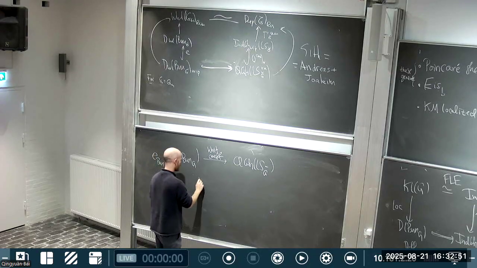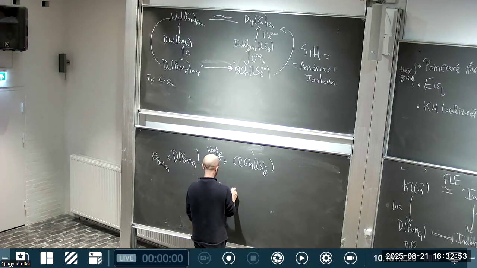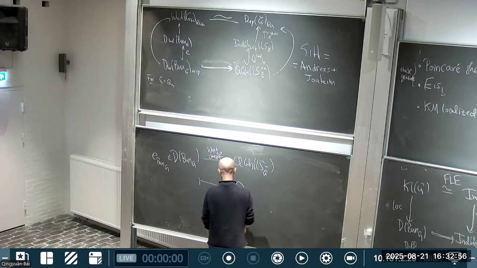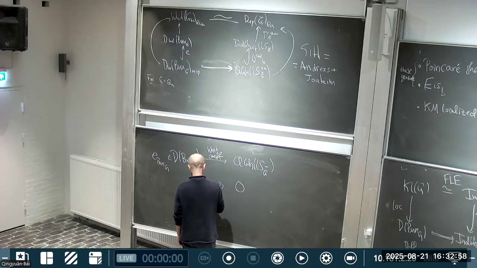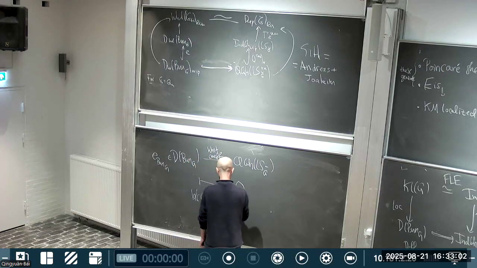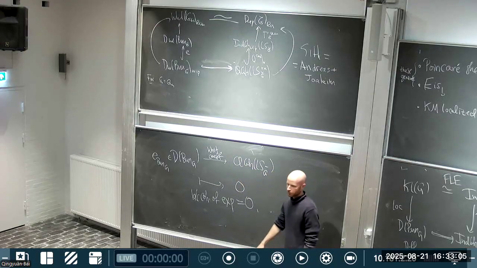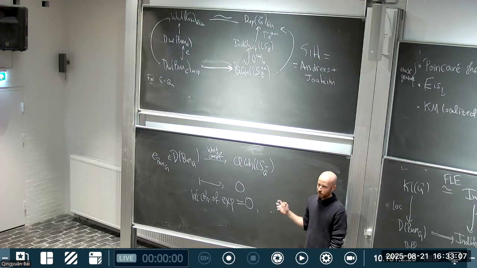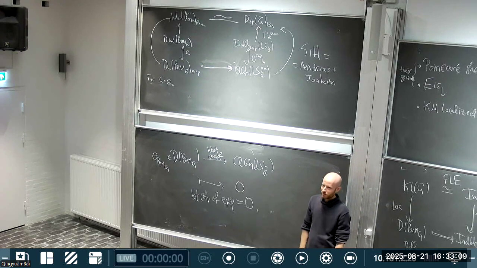And if you compute where this goes under this map, this maps to 0, because the cohomology of the exponential sheaf is equal to 0. The constant sheaf is constant on N, the exponential sheaf is not constant. The cohomology of some non-constant sheaves is famously non-zero, but in this case, the cohomology of this non-constant sheaf is 0. I don't really care.